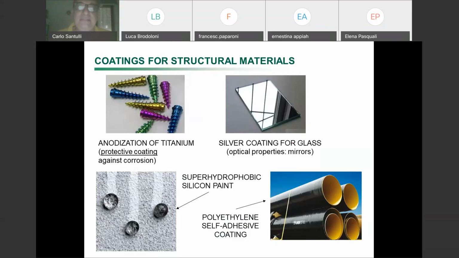And the problem of glue, the problem of adhesives, is central, for example, when we think about sustainability, because in many cases, sustainability is affected by the fact that we apply a glue and we are not able anymore to remove it at end of life.